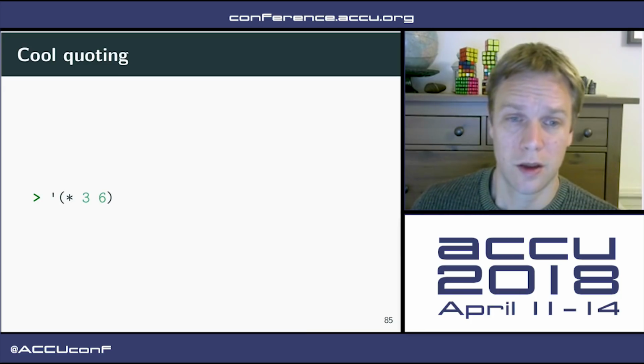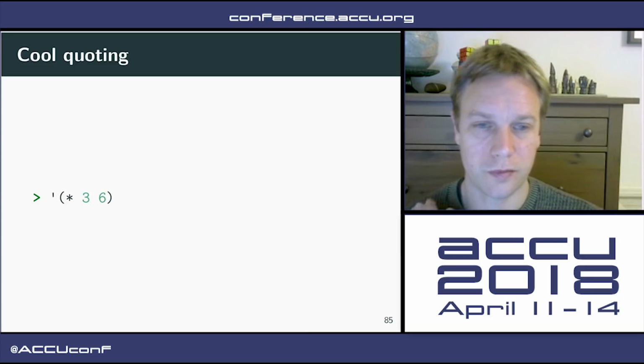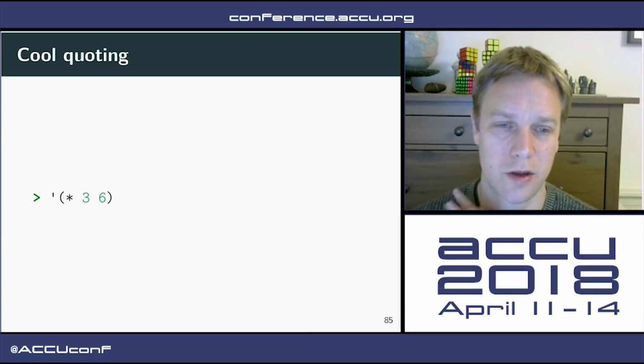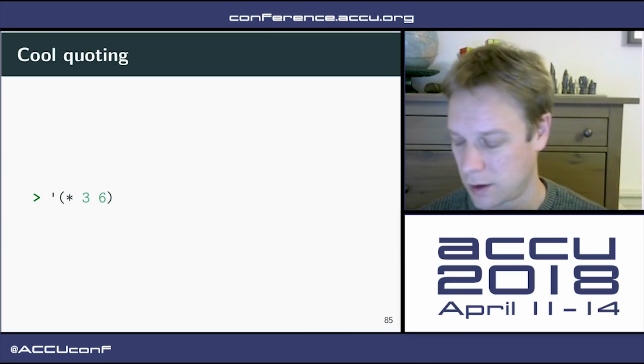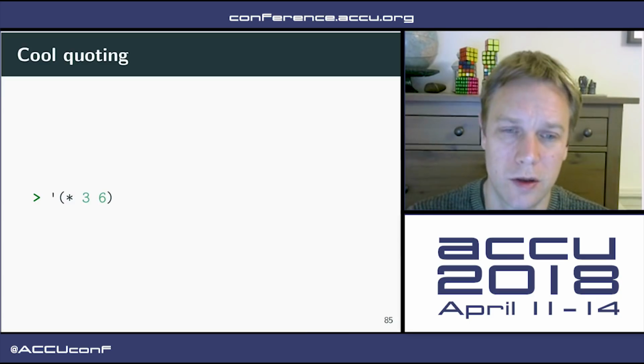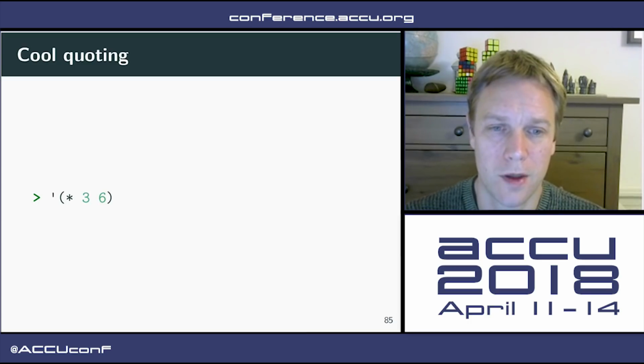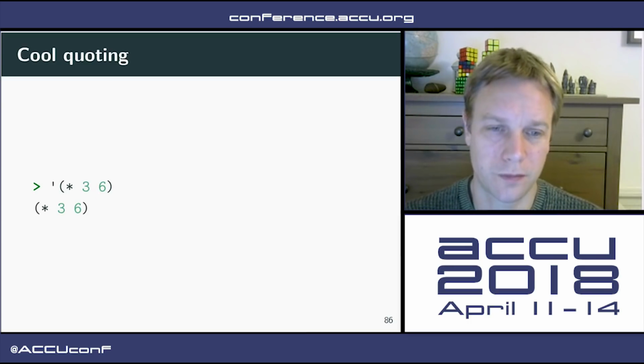So the way you quote stuff in Scheme is you put a single quote and then something else. The something else can itself be a bracketed or even a nested set of bracketed stuff, and what Scheme does is it looks at the next thing after that quote, and it treats that not as a piece of code it's going to execute, but as a list of stuff that you might execute later.